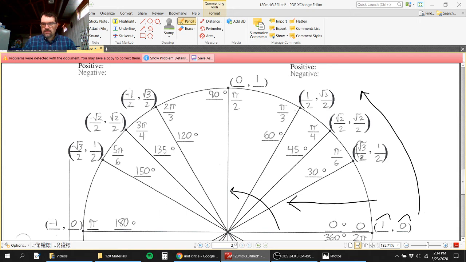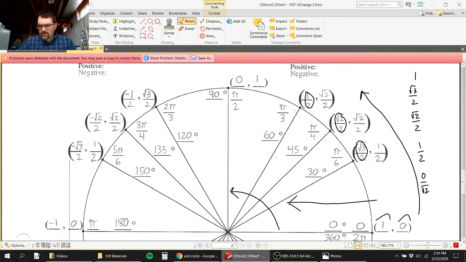So 1, and then square root of 3 over 2, get smaller to square root of 2 over 2, and then 1 over 2, and then 0. All right? Oh, and that was for cosine, as the x-coordinate gets smaller. The y-coordinate, as it gets bigger, goes through those same values. And those are our standard values. 1, square root of 3 over 2, square root of 2 over 2, 1 over 2, and 0.